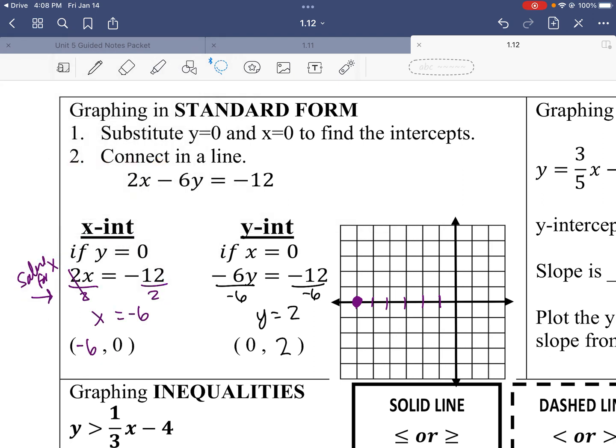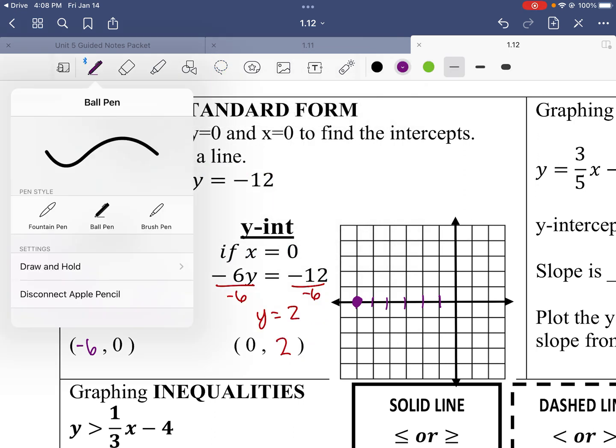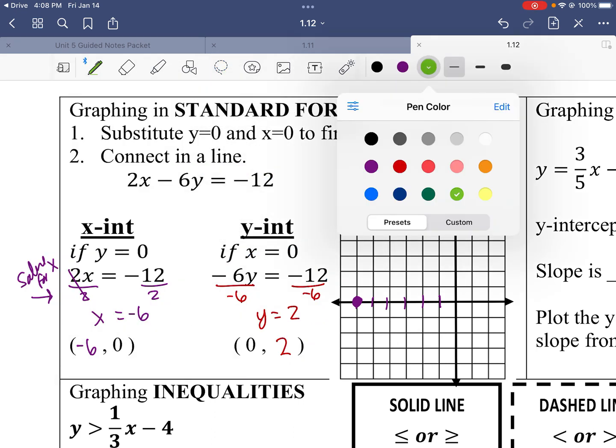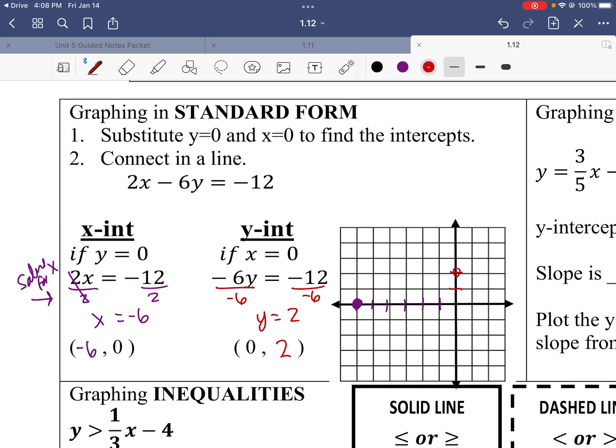With the y-intercept, we do the same thing. We just go ahead and put it on our graph. This time it's going to be at 0, 2. So we go up 1, 2 and put our dot. And then the only thing we still have to do is to connect those points.